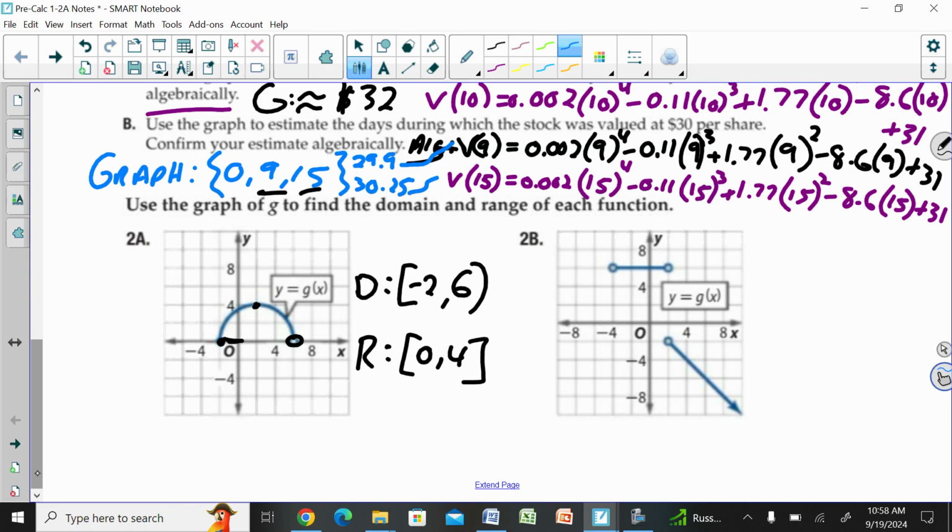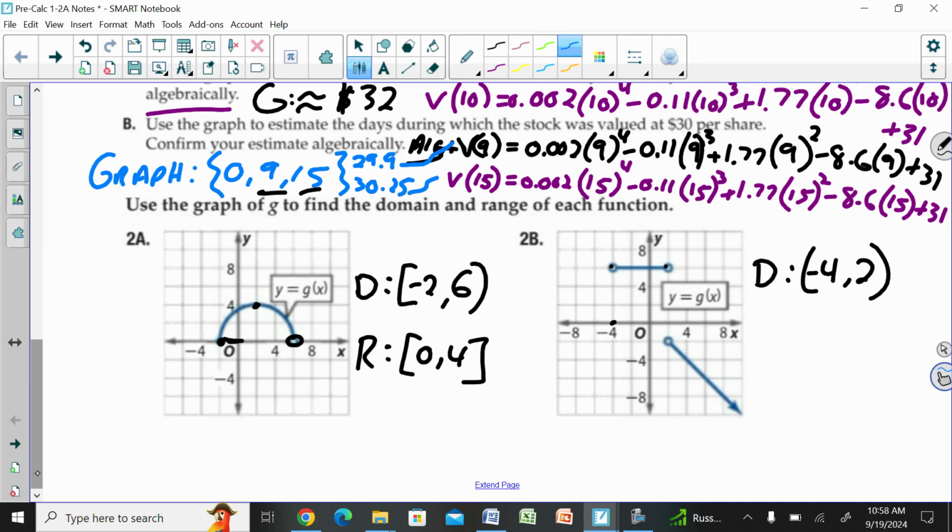Okay, so looking at 2B here, kind of the same general idea. Now we got 2 graphs and they both have circles, but be careful with what we're doing here. Both have circles, which means we're going to use a parenthesis for the first part. So it looks like I'm here at -4 on my X value, and I go to, looks like +2. And I use parentheses because those are open circles.